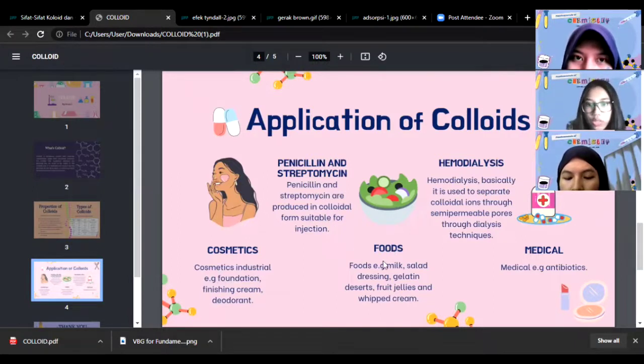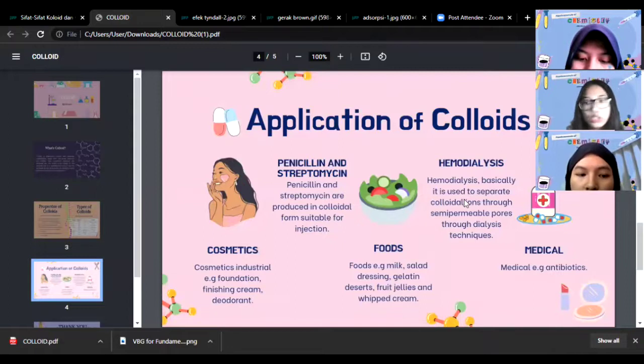For food, as I said before, it includes milk, salad dressing or sauce, gelatin dessert, fruit jellies, and whipped cream. And hemodialysis is basically used to separate colloidal ions through semi-permeable pores using the dialysis technique. And for medical, an example is antibiotics.